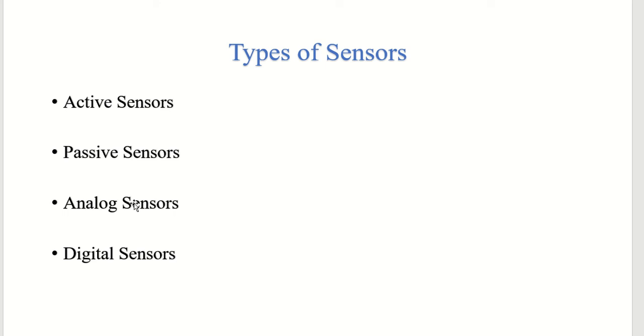Digital sensors, in contrast to analog sensors, work with discrete signals or digital data, and the data in the digital sensor, which is used for transmission, is basically digital in nature, and that discrete signal will be non-continuous with time.